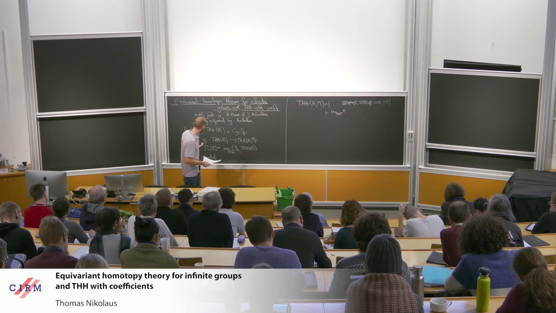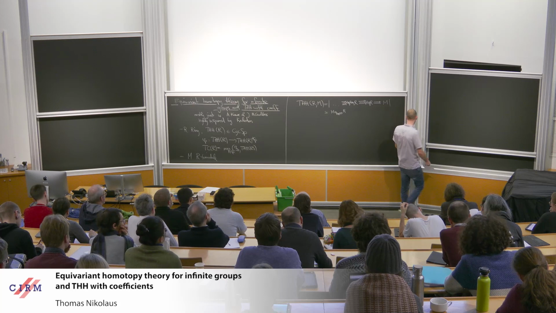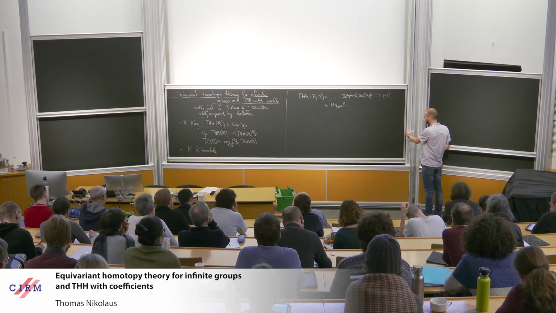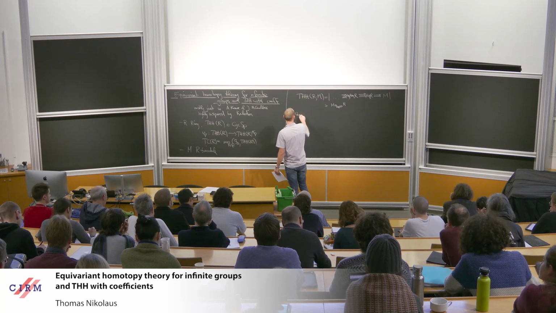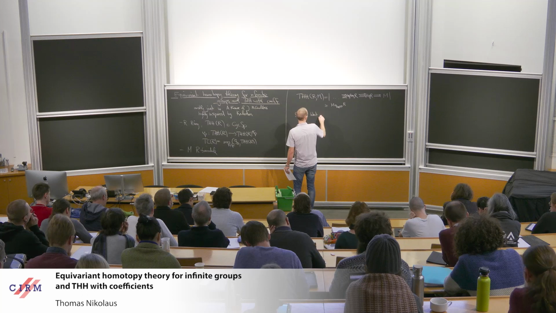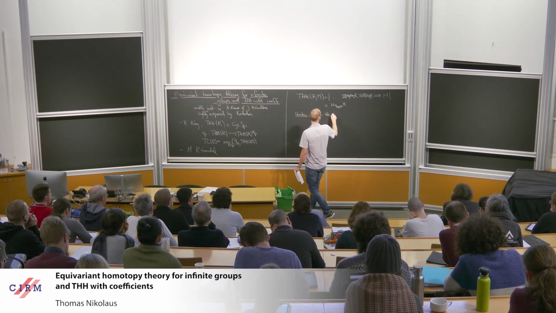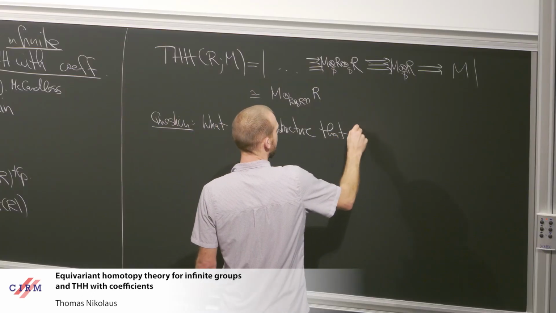Now the question is: on THH without coefficients, which is recovered by setting M to be R, we have the cyclotomic structure. And a basic question we've been asking ourselves is, what is the structure that THH with coefficients possesses?